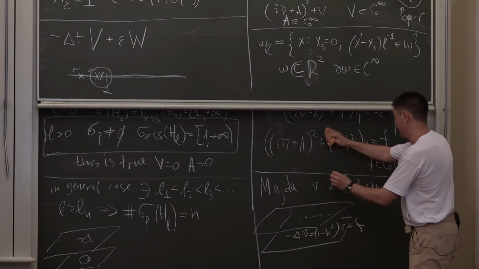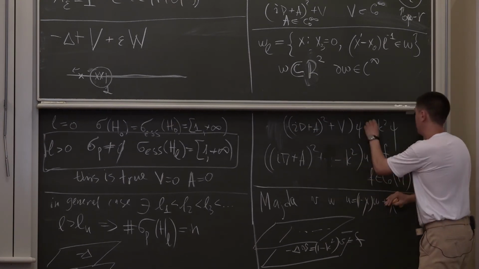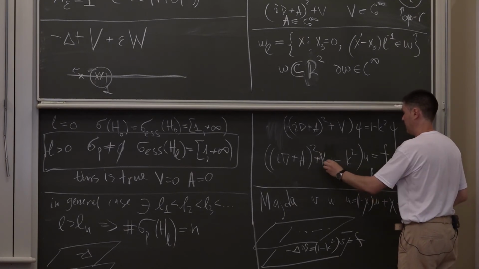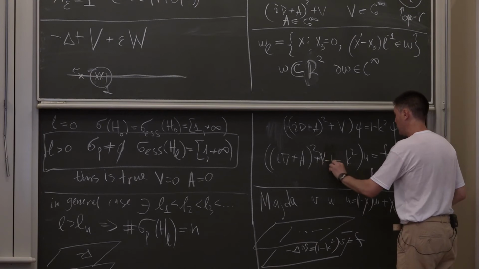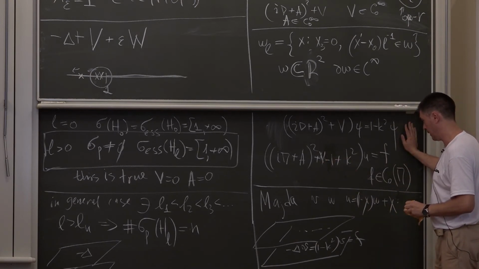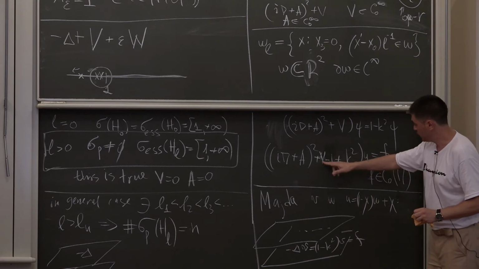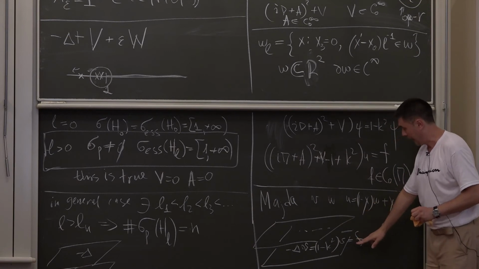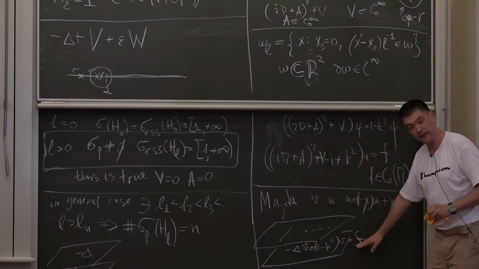Here there should be minus Laplacian minus 1 plus k squared. Yes, it should be like this. So for sufficiently large x, we don't have V, we don't have A, and at infinity this equation looks like this.